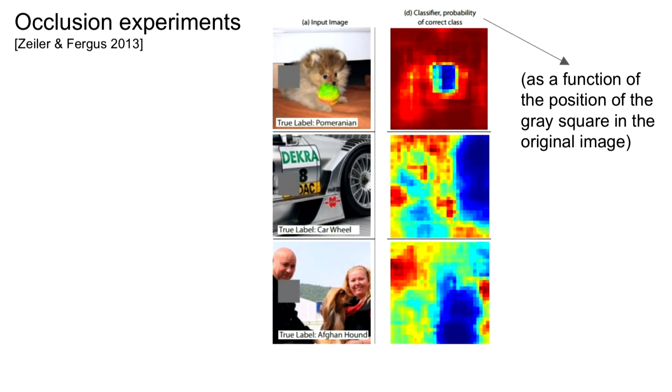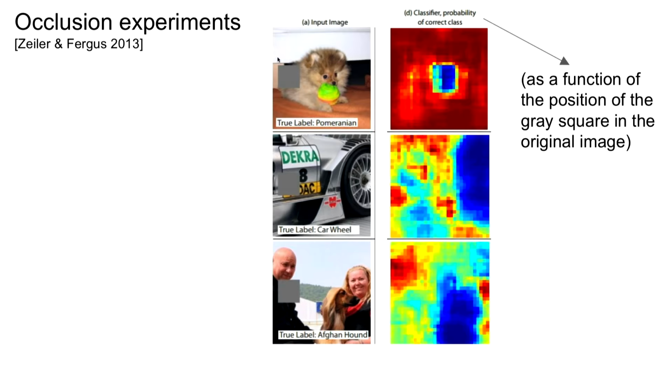So the coordinates of the right map show the center position of the gray rectangle. Red is close to 1, blue is close to 0 in this heat map.